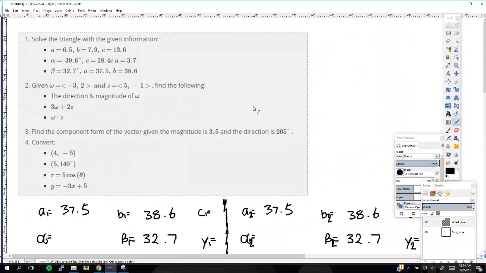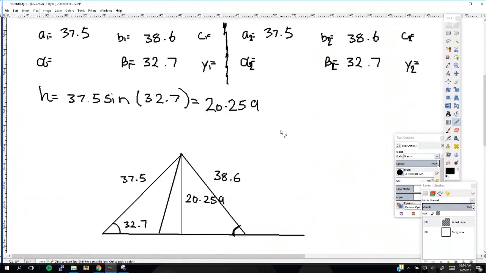Are you saying like 20.259 squared plus b squared equals that? Yeah, no, just kidding, that wouldn't work. It would only give us half of the thing. Yeah, I think the only thing that we can use is the law of sines.